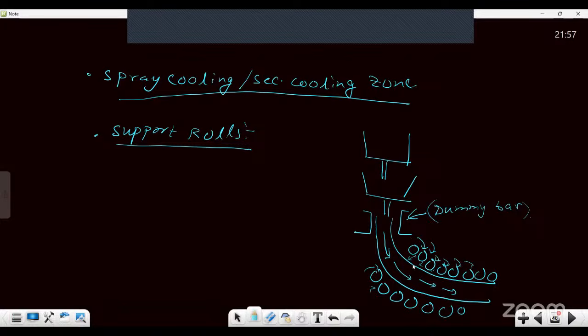After that, we will also cut the sections using torch cutting. So there are torch cutters also, and they will cut it into the various slabs.